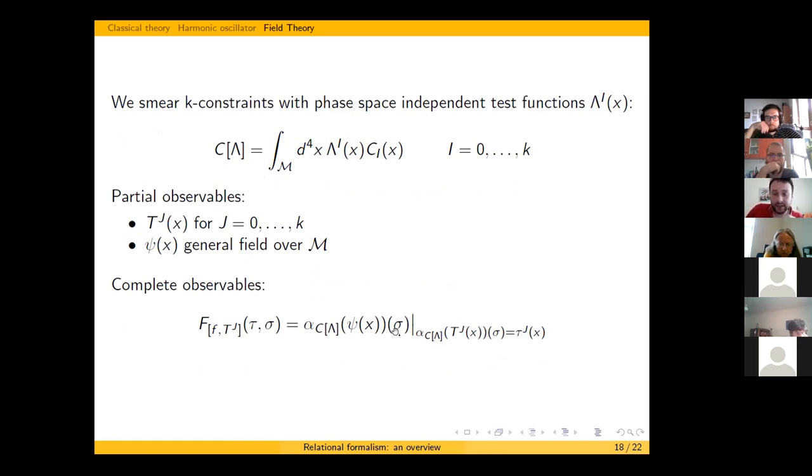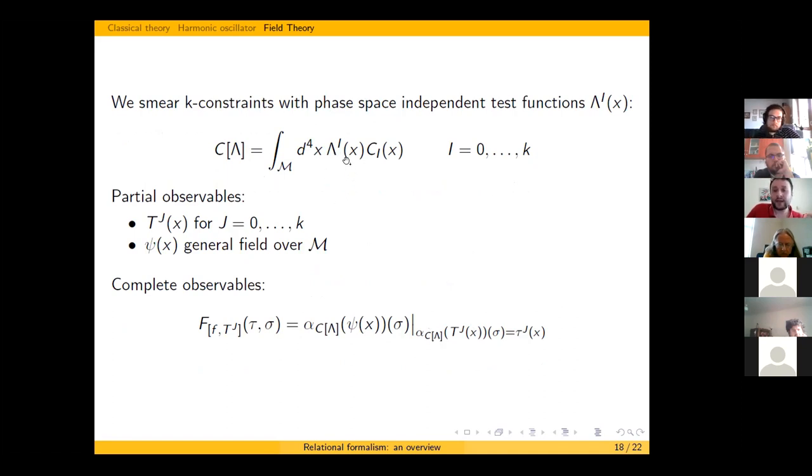But basically, what we have here is that, again, we have to calculate this flow and set it equal to tau. But here, instead of solving for T, we have to solve for the lambdas.